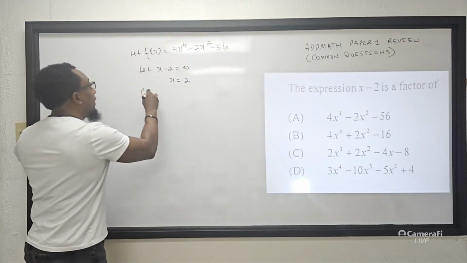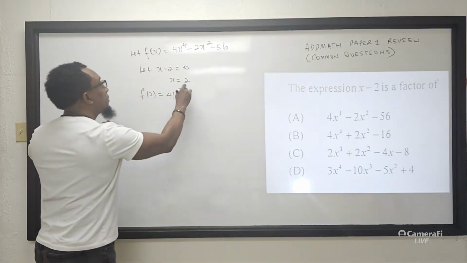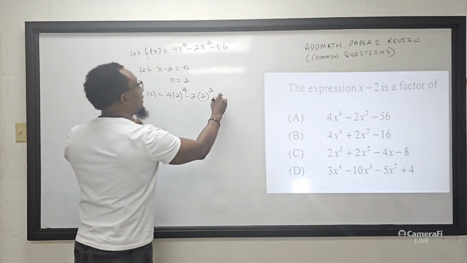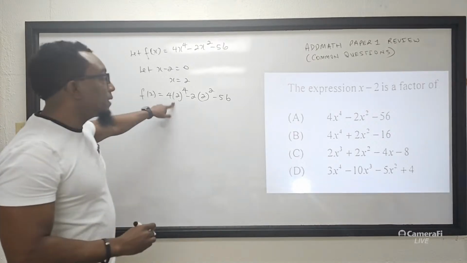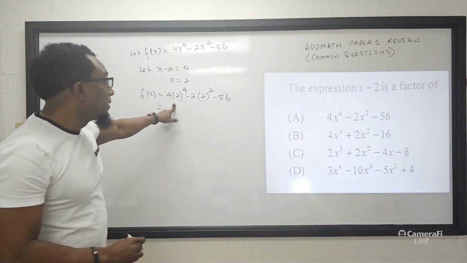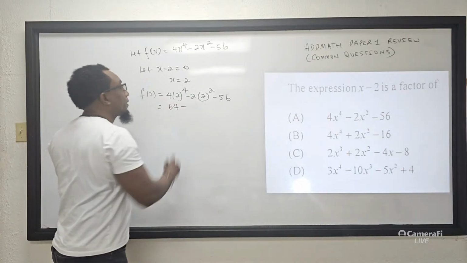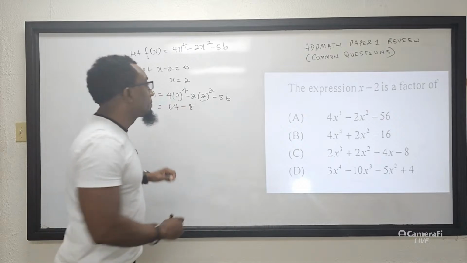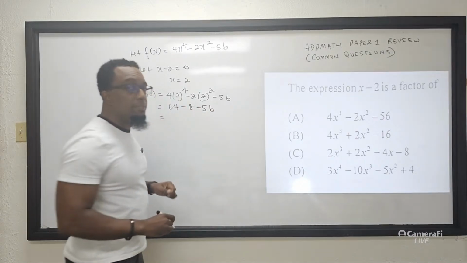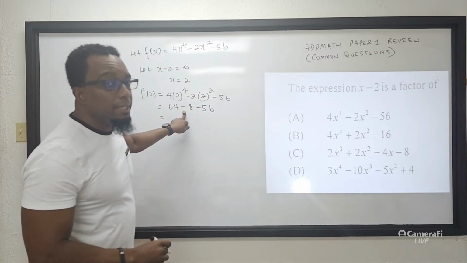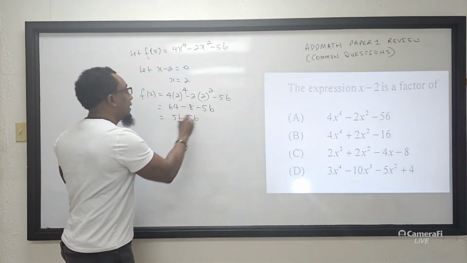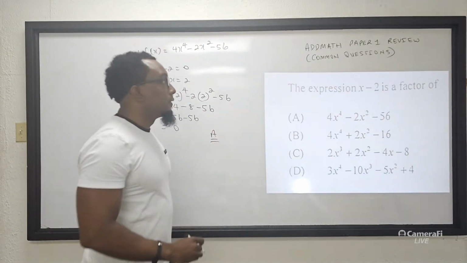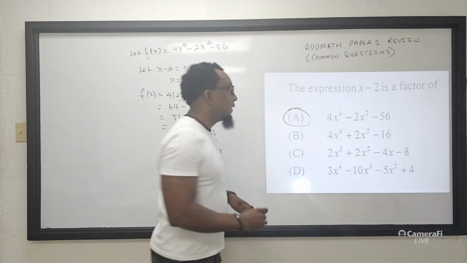So f of 2 becomes 4 times (2) to the power of 4, subtract 2 times (2) squared, minus 56. 2 to the power of 4 will be 16. 16 by 4 is 64. Subtract 2 squared is 4. 4 by 2 is 8. So of course we have negative 8. Subtract 56. 64 subtract 8 will give us 56. And 56 minus 56 will be 0. So the answer for this question is E.